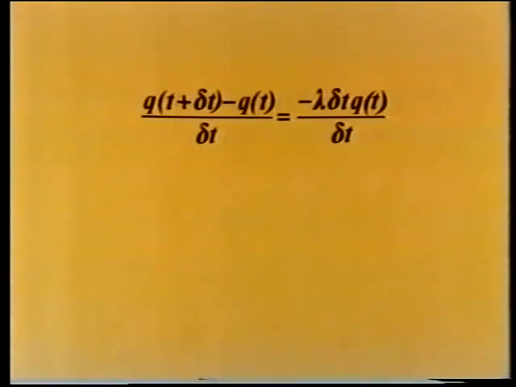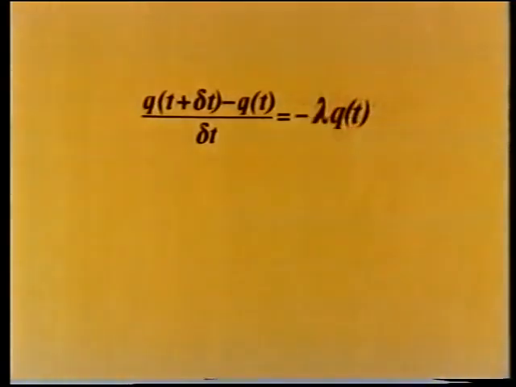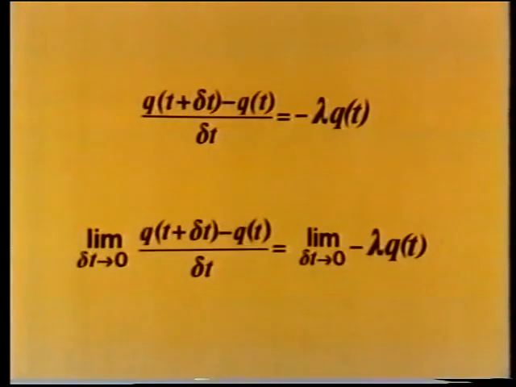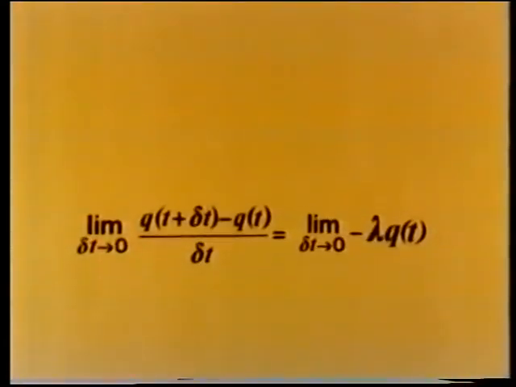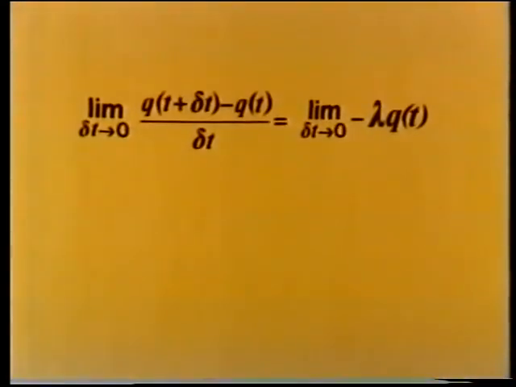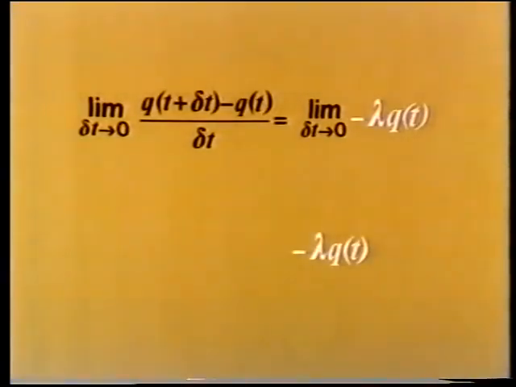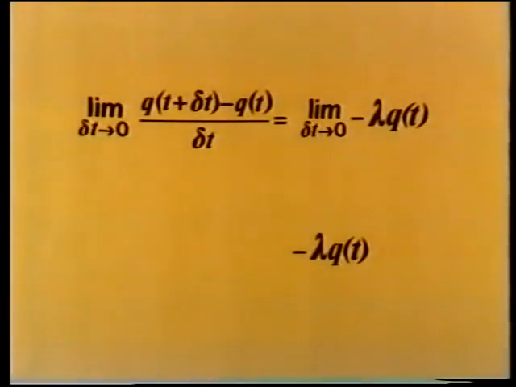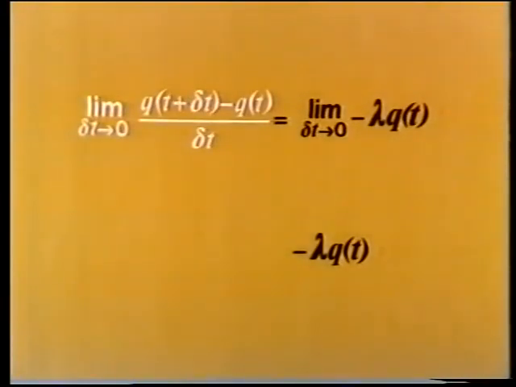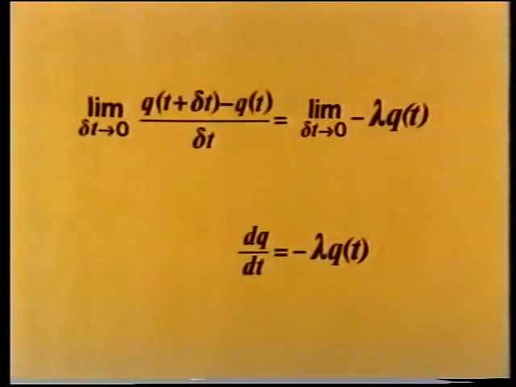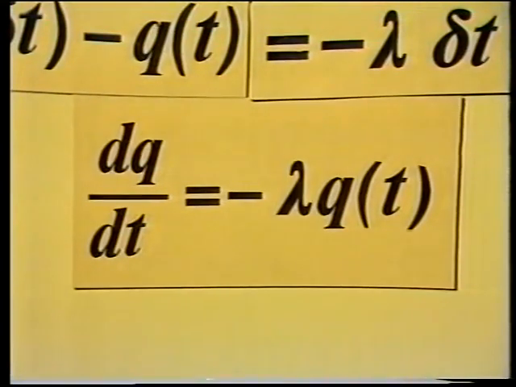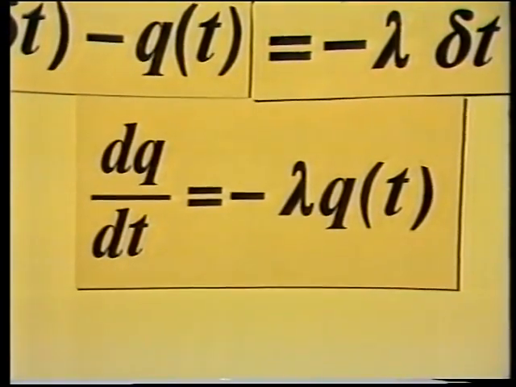Then the right-hand side will simplify like this. Now, to complete the process, we'll take the limit as delta t goes to 0. The right-hand side is unaffected because there's no delta t in it now. And the left-hand side just becomes the derivative of q. So there's our differential equation, and it's a mathematical formulation of the time-dependent problem.